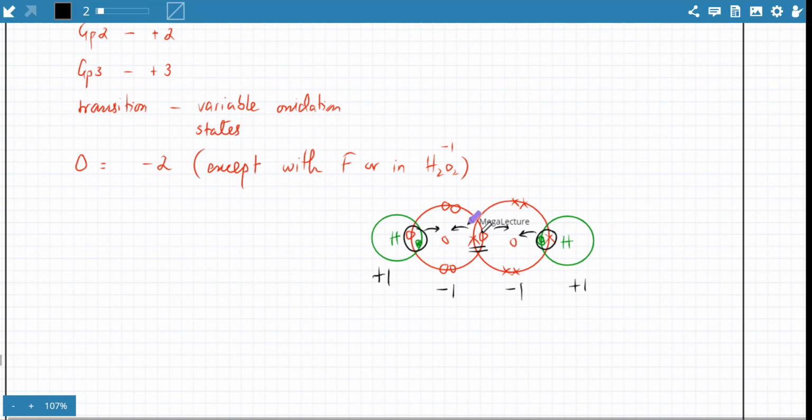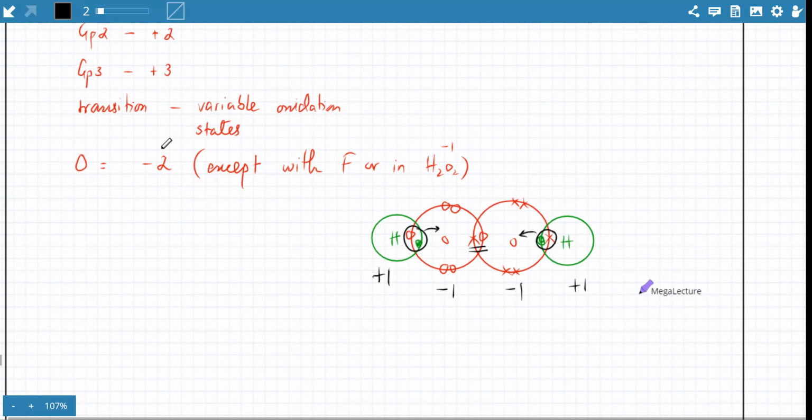There's an equal pull. So these electrons, right in the middle, are neither gained by this oxygen nor by this other oxygen. This is perfect covalent sharing because both sides are oxygens. So these electrons are neither gained nor lost. In reality, oxygen only gained an electron from H from one side. So the net result is that it only gained one electron, -1, coming from H. This is the reason why oxygen is -1 in an H2O2 molecule.